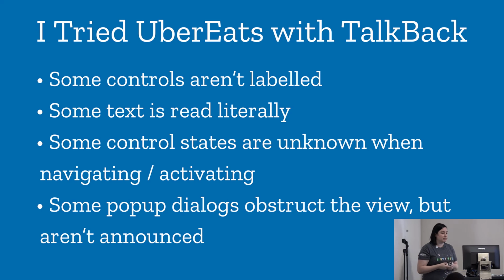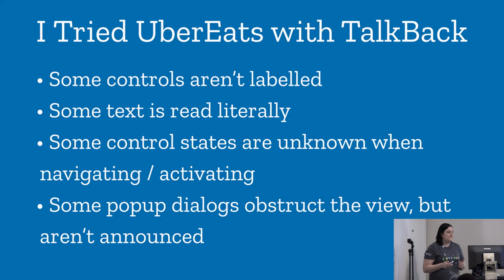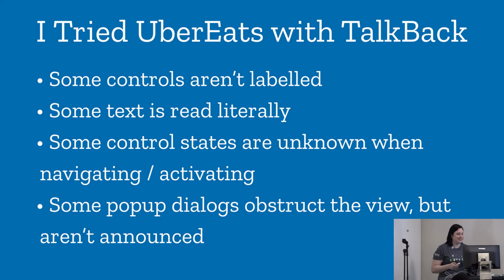So some controls weren't labeled, some text was read literally. So, for example, a very cheap restaurant is labeled as R, whereas an expensive restaurant is read RRR, which sounds kind of piratey and must be quite confusing.